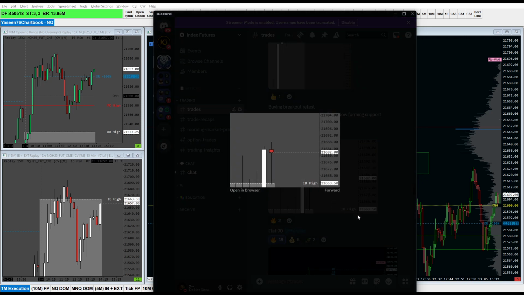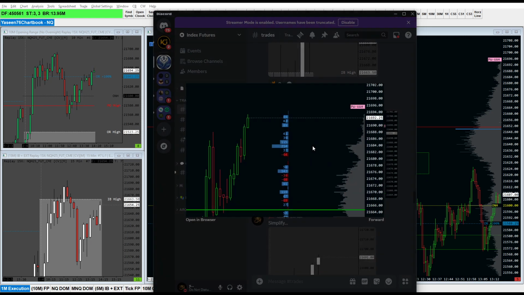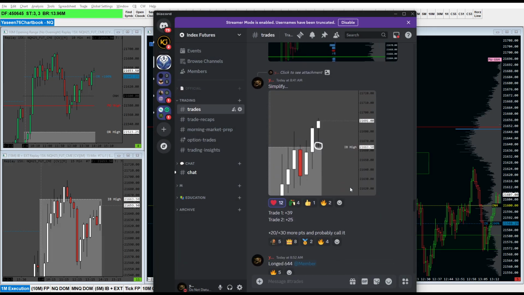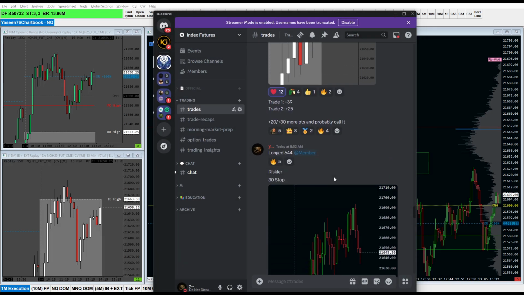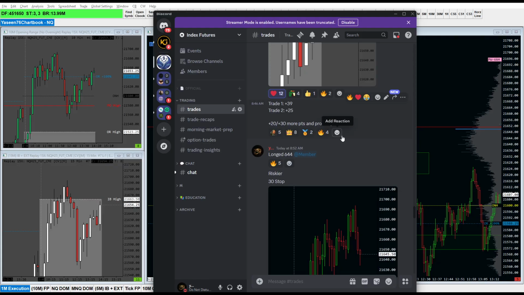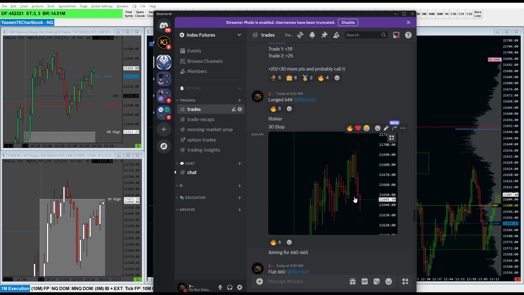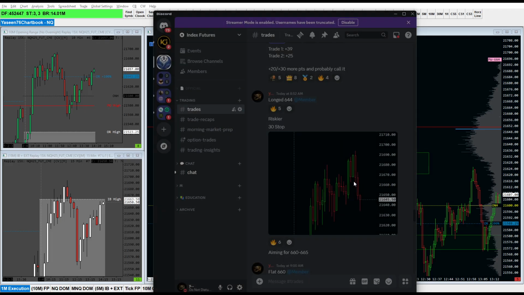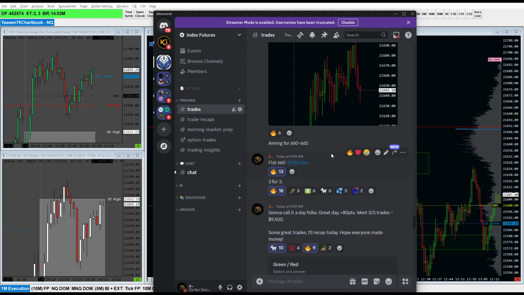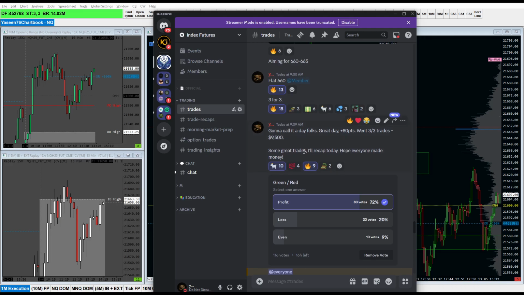And we see the IB high wicked up. I sold at 90 on the breakout on the move up, and we're telling everybody to simplify it. I said one more trade so I could be at 80, 90 points. We saw it come back to this 40 area where we had this big support area. After seeing some buying coming in, you could see the wick. Aiming for 60 to 65, flat 660, basically my target that I gave you guys beforehand.